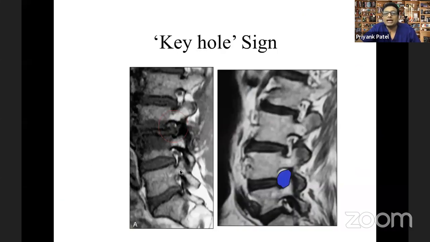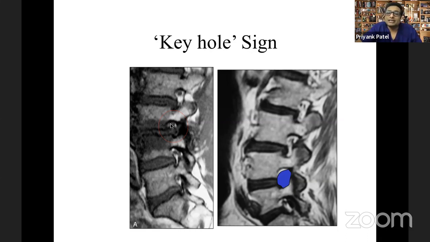So the keyhole sign is basically where you can see that all the keyholes are fine, except at one level the keyhole is blocked. So you see a small nerve which you can see at other places, and the disc material is pressing the keyhole. So here you know that the patient is having pain in the L5, L4, L3. In the L3 exiting nerve root, the patient should have pain, because that is the keyhole that is causing the problem.